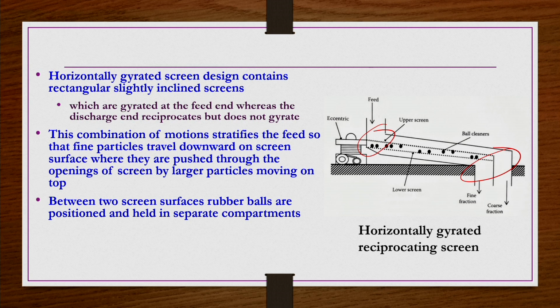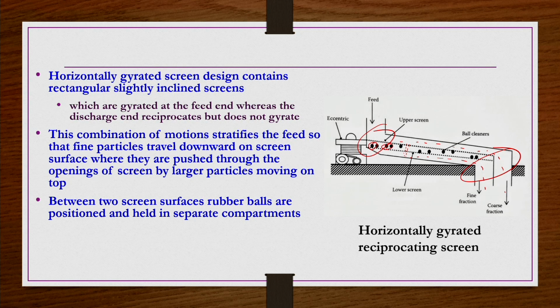Because of this motion the particles pass through the screen openings, the finer particles pass through the screen opening like that and come out as a fine material, whereas the coarse material comes first as the coarse fraction like given here.